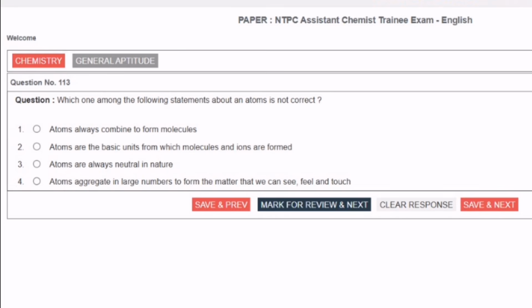Atoms are the basic units from which molecules and ions are formed. This is the correct statement. Atoms are always neutral in nature. Yes, because they have equal positive and negative charges. Atoms aggregate in large number to form the matter that we can see, feel and touch. Yes, this is also a correct statement. So our question asks for the wrong statement. So the first one is the correct answer for this question.